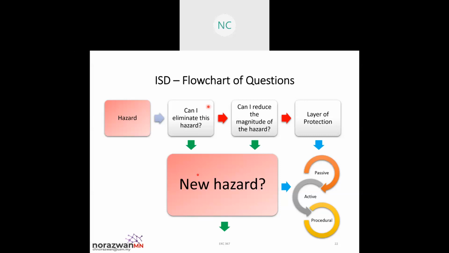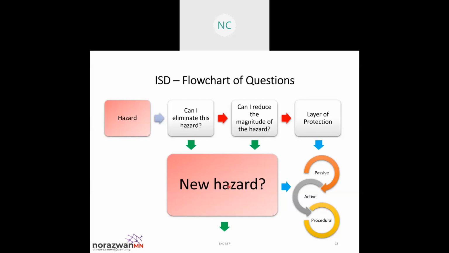Can I eliminate this hazard? When you make a substitution, you ask yourself again, does this new material or these new chemicals have a new hazard? That's why I say that when you make a substitution, maybe your substitution contains a new hazard, but maybe it is less severe, or the hazard itself is reduced.